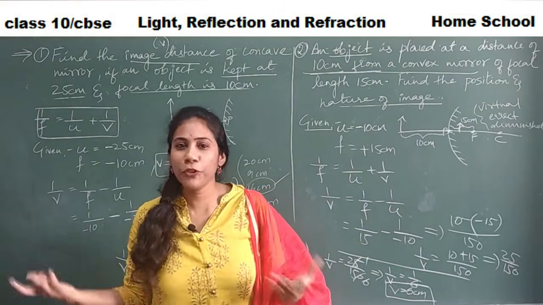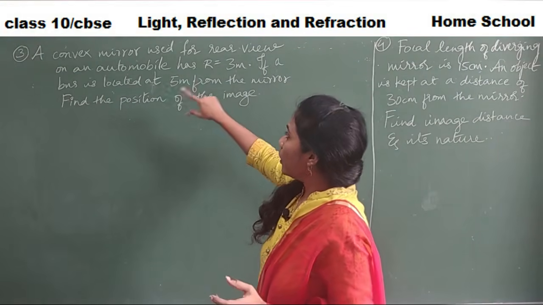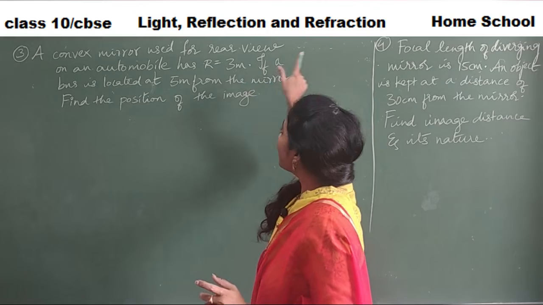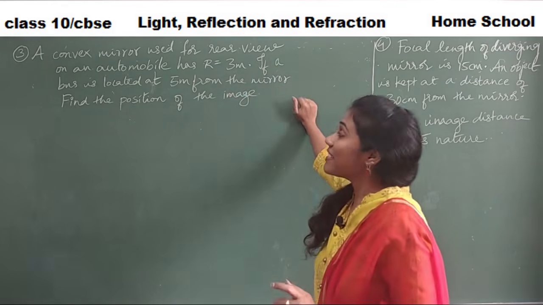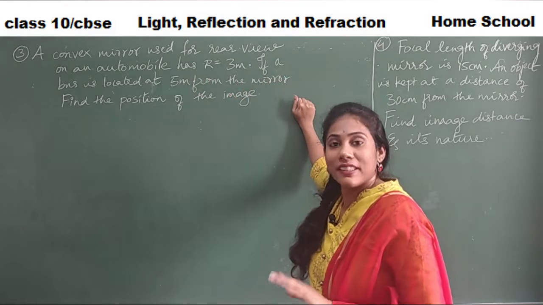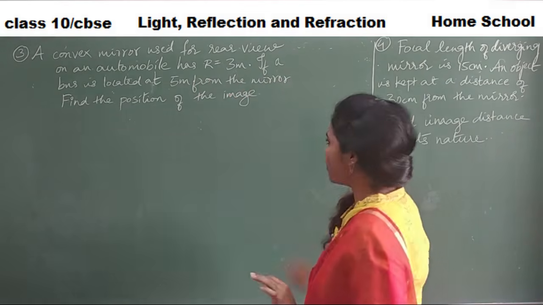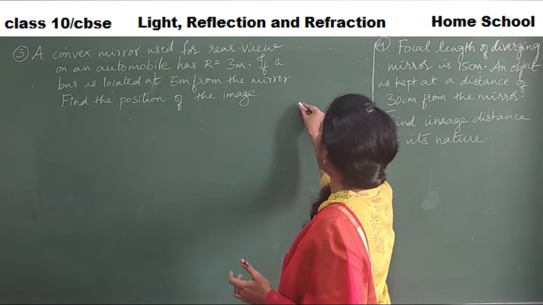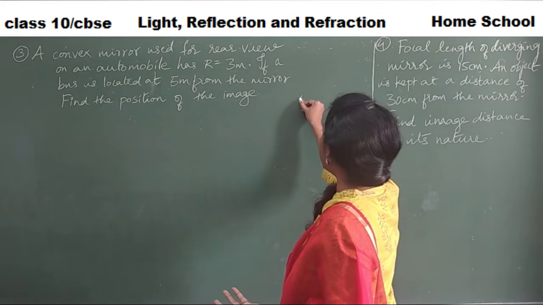Let us see a few more questions. Coming to the third problem, people. A convex mirror used for the rear view of an automobile has radius 3 meter. See, they have not given the focal length here, they have given the radius. Okay, let me draw a diagram here. So we have a convex mirror, isn't it?